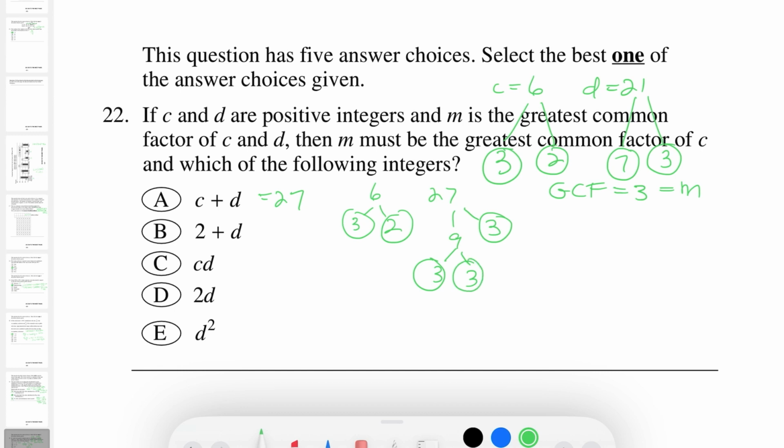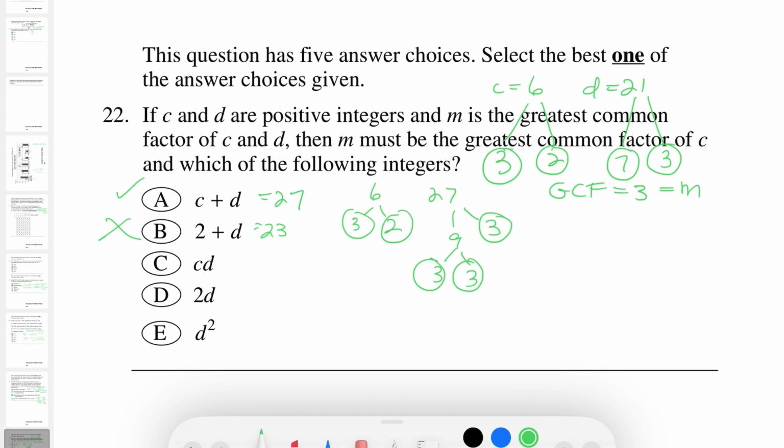So M is still 3, so M remains the greatest common factor for A, so A works. B, C plus D, so 23. 23 is a prime number, which means the greatest common factor is not 3 any longer, so B is not our answer.